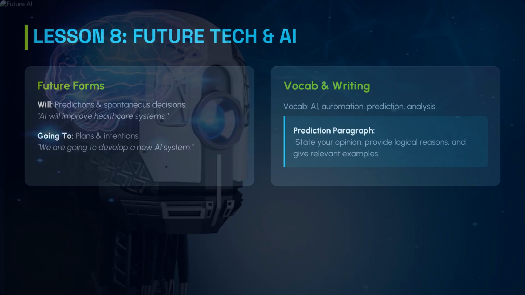Here we are speaking about the future forms, but if you have a meeting scheduled or a project plan already written, use going to. It shows intent and planning. When writing about the future of AI, don't just say it will be cool. Give me an argument. Give a reason and specific examples of analysis or prediction.